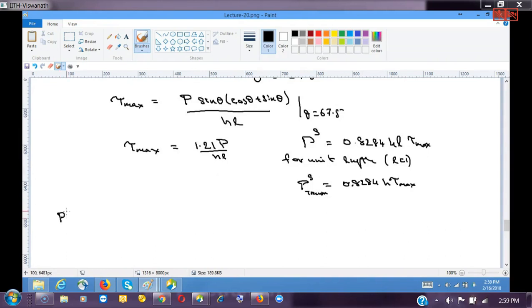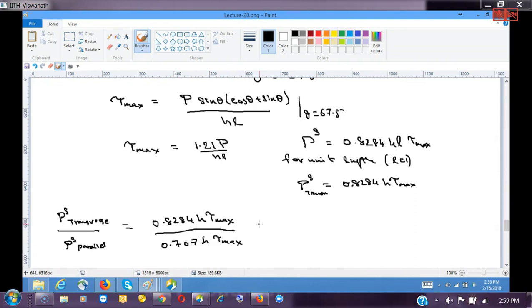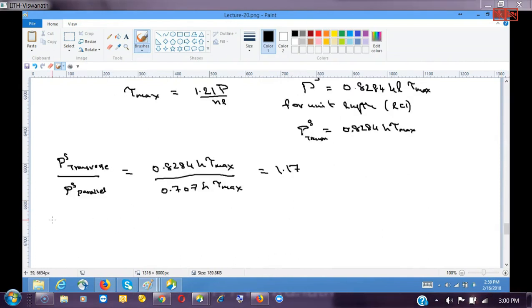So PS transverse divided by PS parallel is 0.8284 H tau max divided by 0.707 H tau max. That comes out to be 1.17. That is, the transverse weld is 17% stronger than the parallel fillet weld.